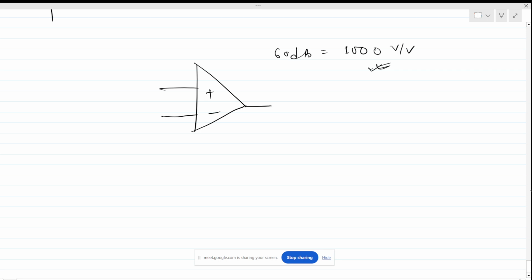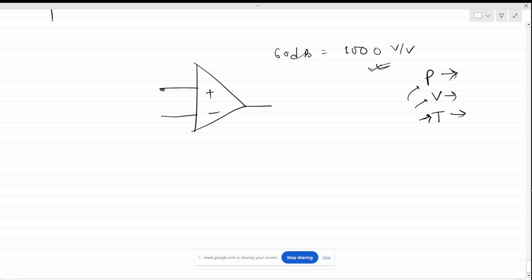We know there is process, voltage, temperature dependency in our electronic circuit, but we are trying to escape from this effect, so we use this op amp in a negative feedback circuit. What negative feedback is, we will tell later.